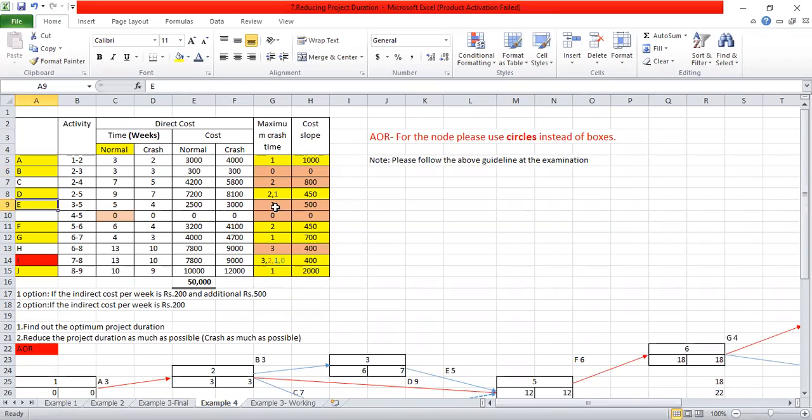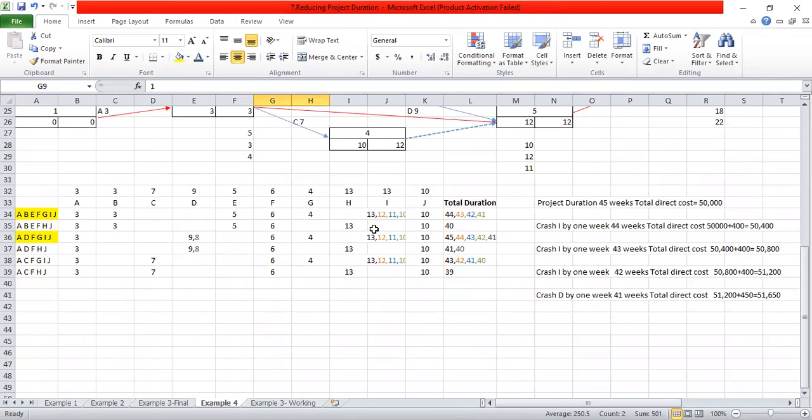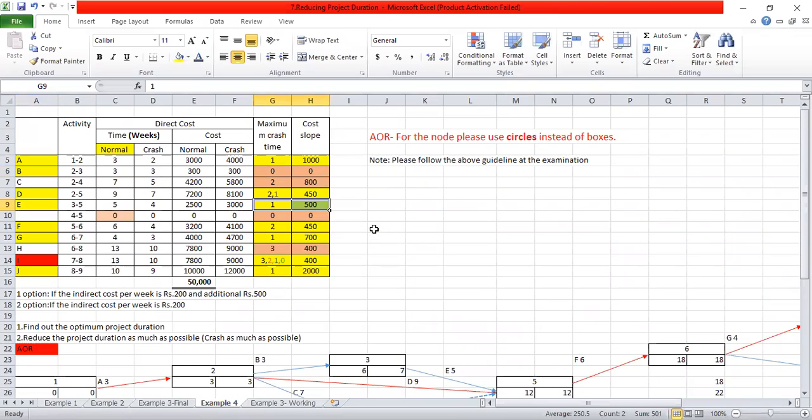So among these paths, which activity are you going to crash? Among these paths also you have to see which activity has the lowest cost. So what is the activity which is having the lowest cost? D and F activity, right?